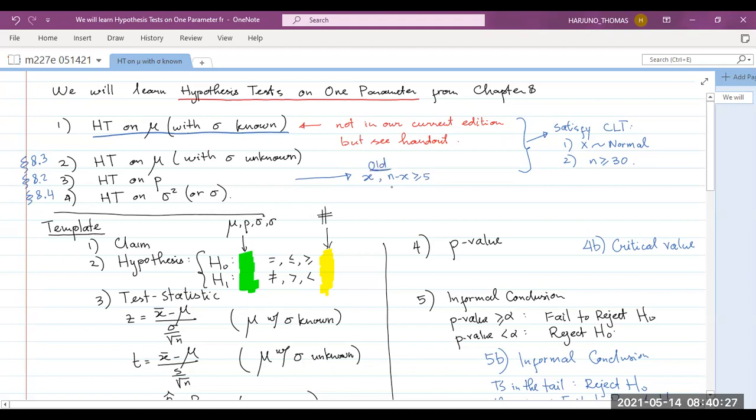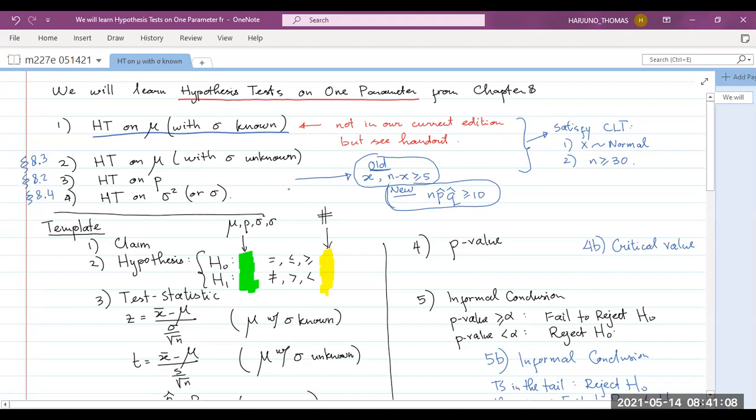The newer requirement is that n times p hat, which is the number of successes, and n times q hat are at least 10. That requirement is actually a lot stricter, but in my class, as long as it satisfies the first one, we are good enough. Most of the time, to achieve this, all you need to do is increase your sample size, increase your n.